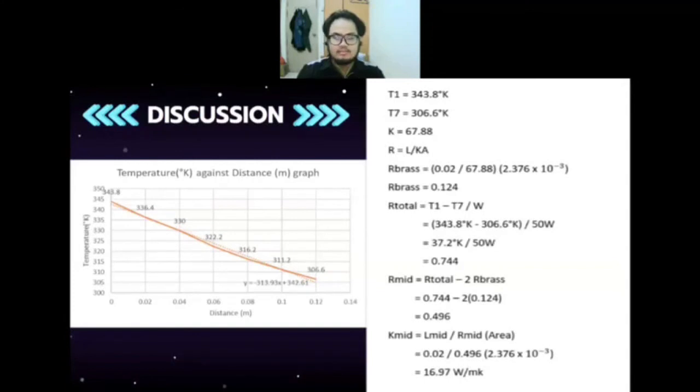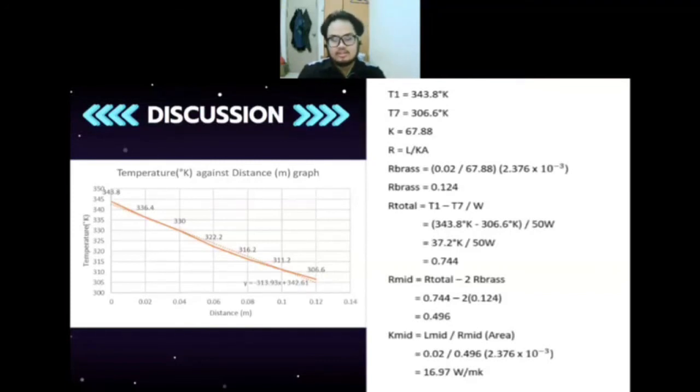For the RMID, we have to calculate using the R total minus 2 times R brass. This R total is 0.744 minus 2 times 0.124. We get 0.496 for our RMID.